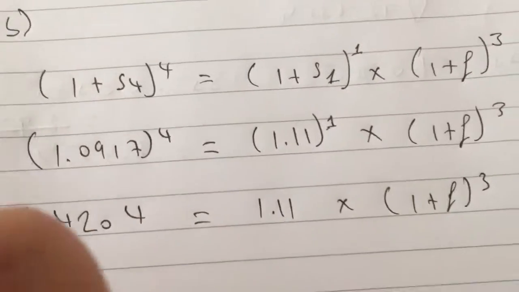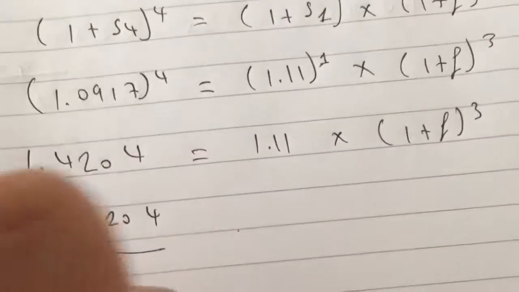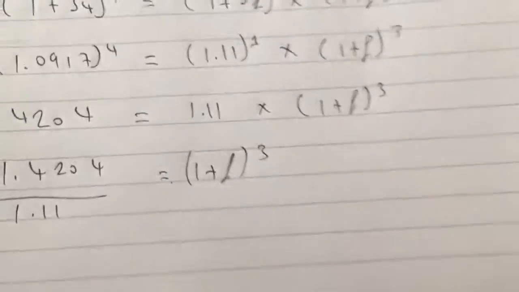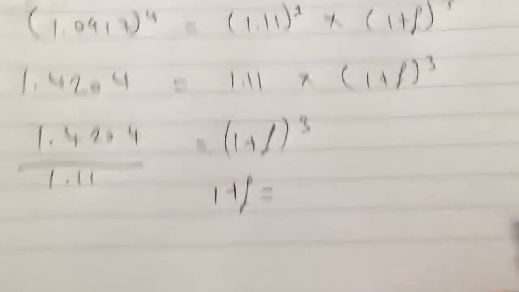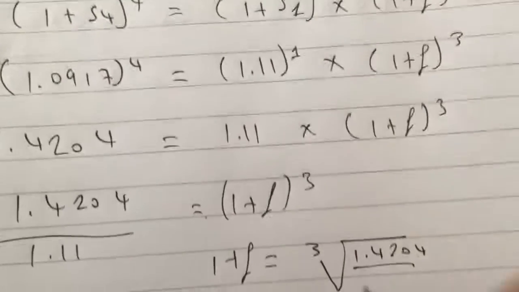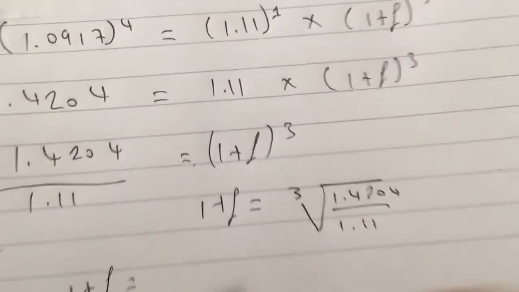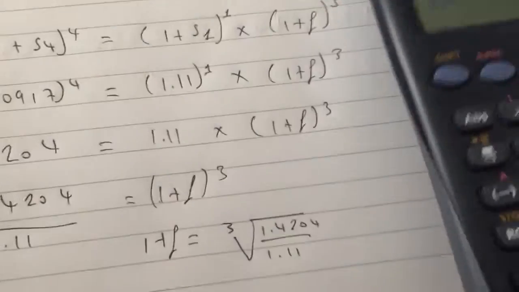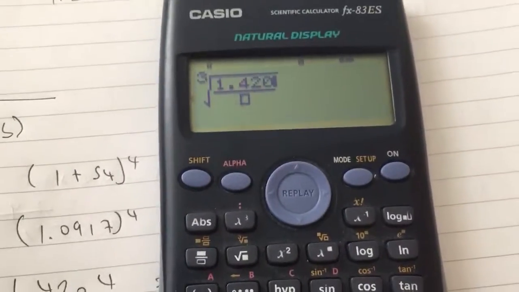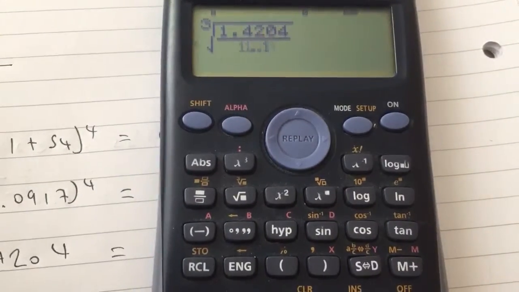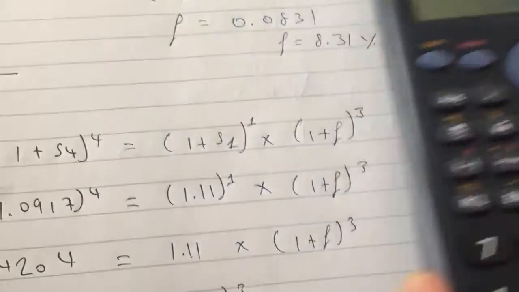So 1.4204 divided by 1.11 equals 1 plus F to the power of 3. That means 1 plus F equals the cube root of 1.4204 divided by 1.11. In the calculator, 1 plus F equals 1.0857.